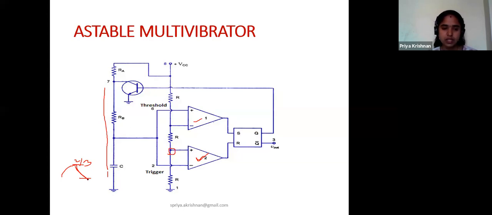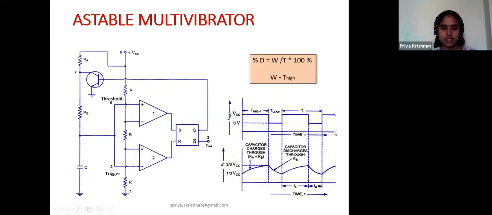So this cycle keeps on repeating, charging and discharging of the capacitor, so that in the output, I'll keep on getting a square wave output. I hope you all understand. The only difference we make here is tying the 2 points, threshold and trigger.